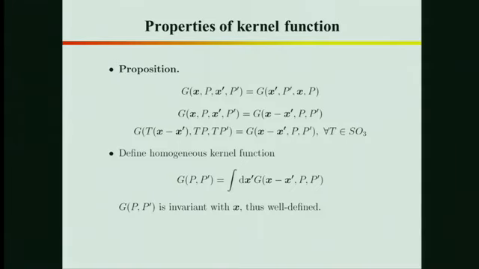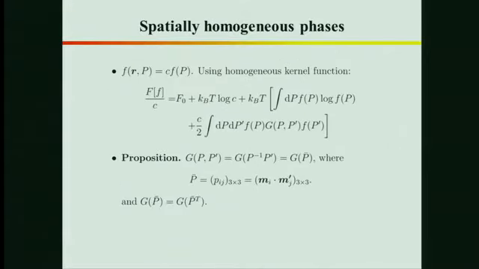Isaac did it this way, but just for the rod. So then G of p and p prime is invariant in x, that is, well defined. It means you just suppose this is a spatially homogeneous phase, like the nematic phase. Then we can use the homogeneous kernel like this. This is exactly what Isaac did.